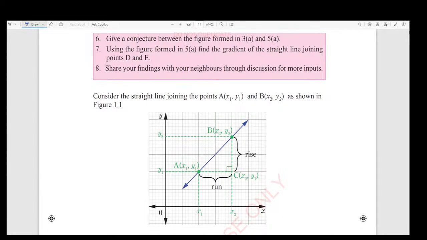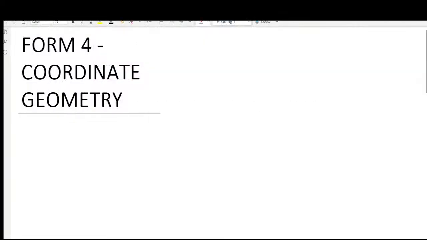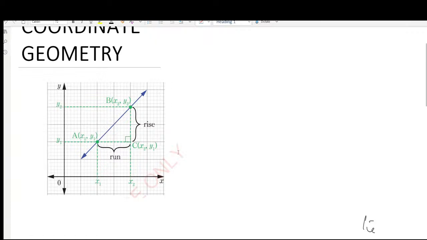So what I'll be doing here, I'll be taking this simple graph to another note where I'm going to show you how we can find the slope of a straight line.